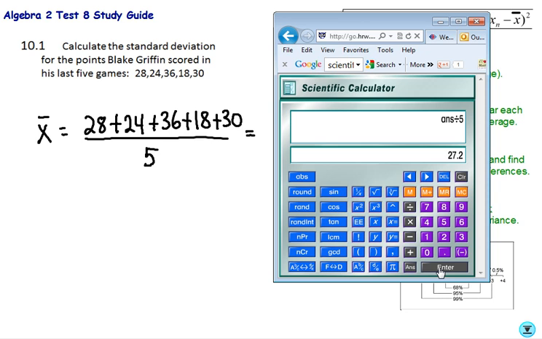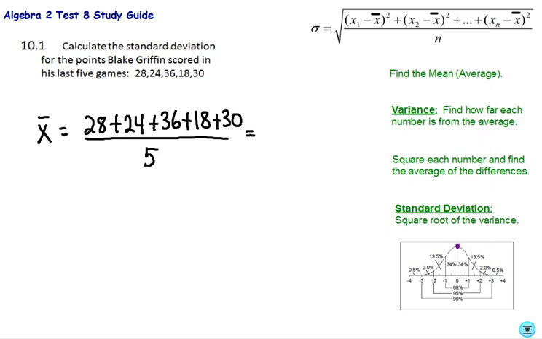I'm going to do a little rounding just to make the math a little easier for us. It's equal to 27.2, but I'm going to round to the nearest whole number, which would be 27. On these next two problems, if you get an average that has a decimal in it, just round to the nearest whole number. All right, so we found out what the average is. So we found out what the middle is.